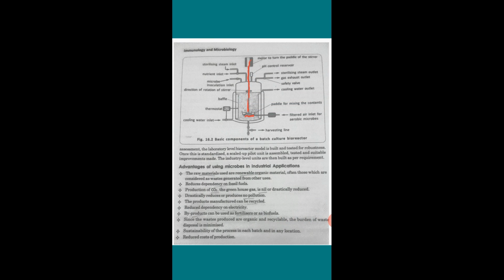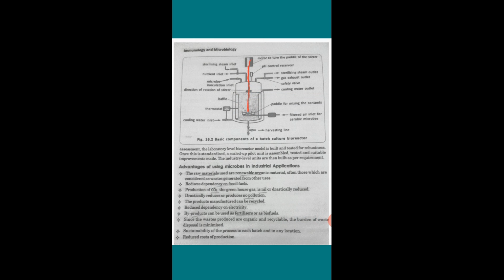Here you can see the baffle, this one. These baffles are flat plates which are used to prevent the adsorption of microbes and substances to the surfaces of the bioreactor, and it also ensures the distribution of air, oxygen and other gases in the bioreactor.